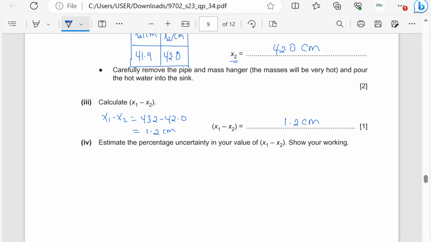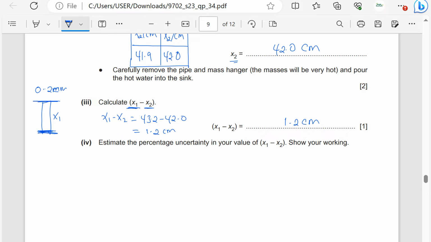If a ruler is being used to measure x1 and there's an uncertainty of say 0.2 centimeters, you look at the ruler on this side, there's a likelihood of an uncertainty, and another likelihood of an uncertainty on this side. Then you repeat using the ruler to measure x2, so the uncertainty continues increasing.